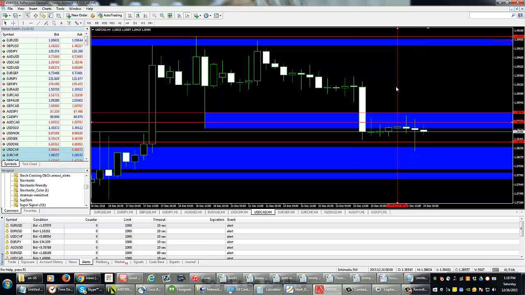I had put lines here, the top of the most recent 4-hour closes, and a line here, the bottom of the 4-hour closes. And I was waiting for price to be outside of those levels. I think it might have been this last bar that I took.